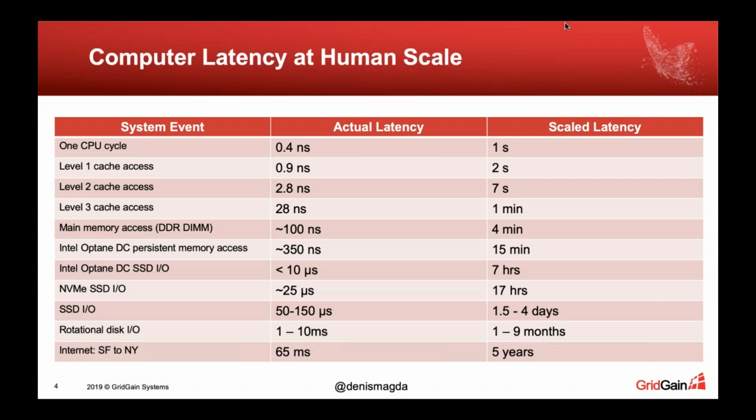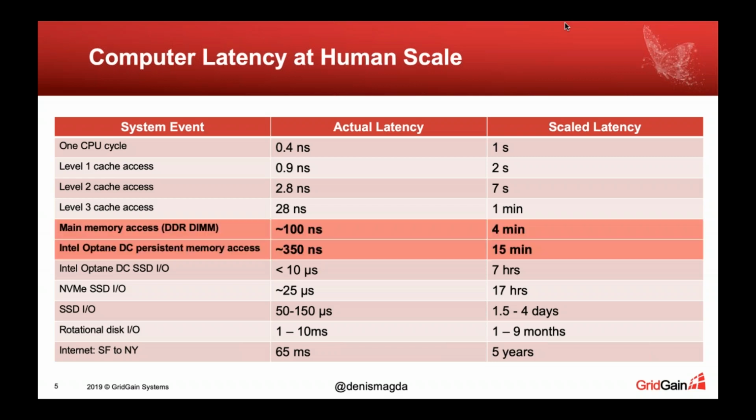But look what happens once you get to the disk, once you get to SSDs, rotational disk, or even to the non-volatile memory SSDs provided by Intel and other vendors. Once you are getting into the microseconds or milliseconds ranges, it is transformed to the ranges of hours and days at our human scale.